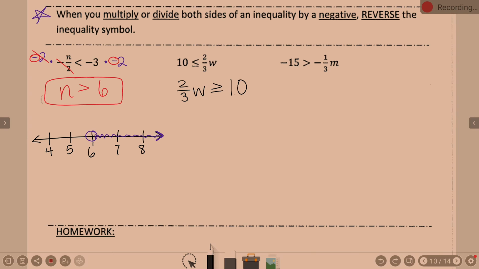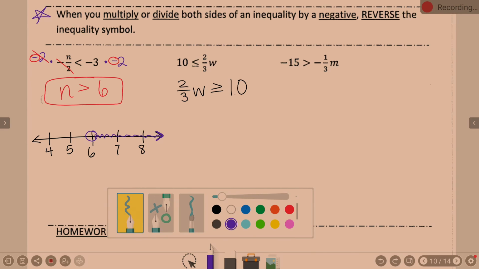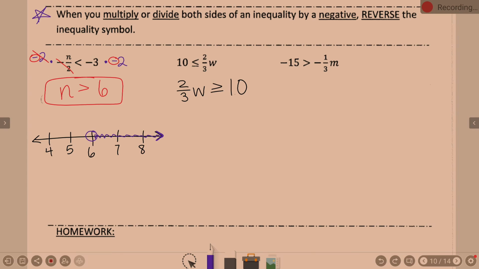Now, let's see. What are you guys going to do versus what do I want to teach here? Wouldn't you flip it and multiply? What I would teach on this one, okay, so initial instinct for some of you is going to be it's 2/3 times W. The opposite of timesing is to divide. However, who likes dividing by fractions?